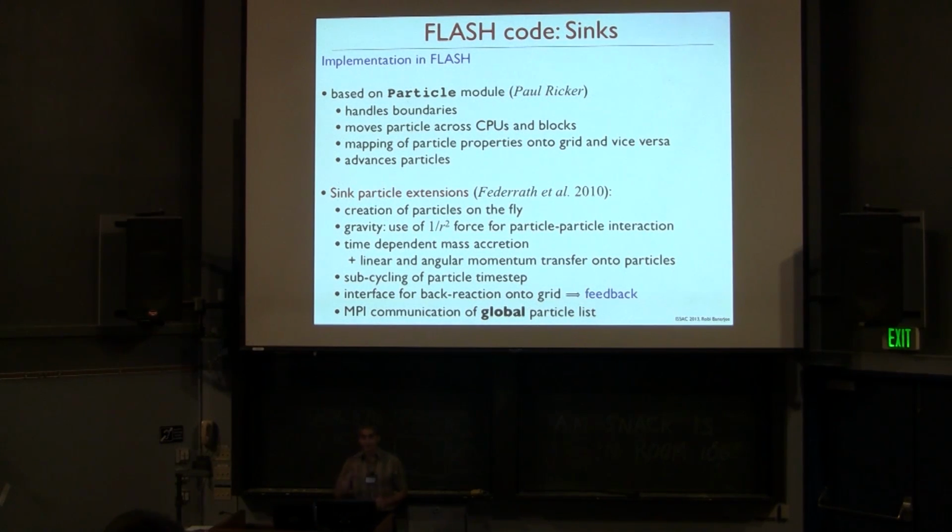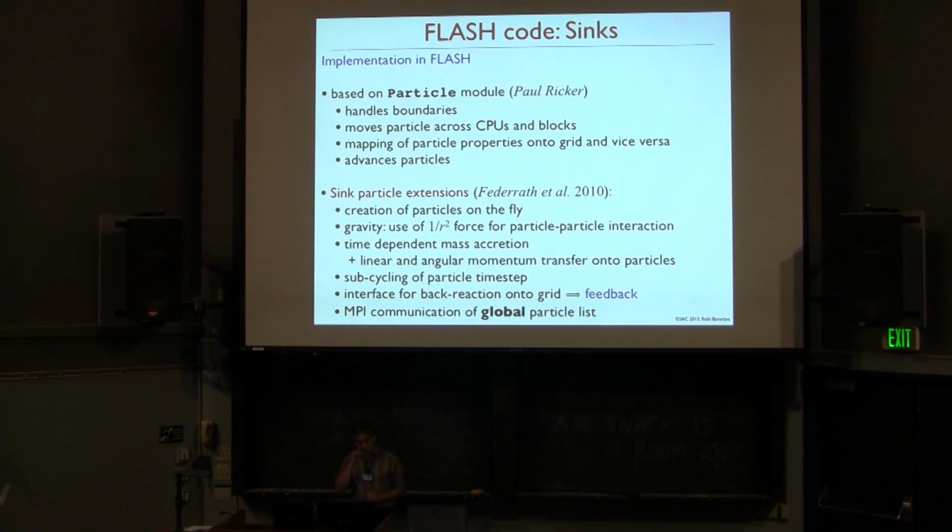It also dealt with things such as a periodic simulation box: if a particle moves out on one side, it comes in on the other side. All these things were already handled in this earlier particle module. Also, if a particle moves across CPUs, this is some bookkeeping you have to do, and this was all essentially ready.